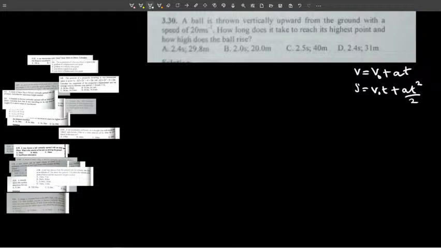We know that v squared equals v naught squared plus 2aS. And we also know that S equals (u plus v) over 2 times t. So this is the set of formulas we use for projectile.